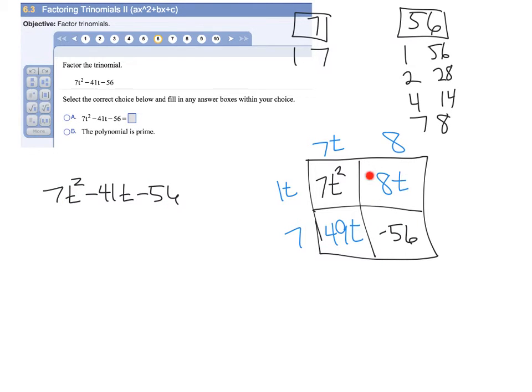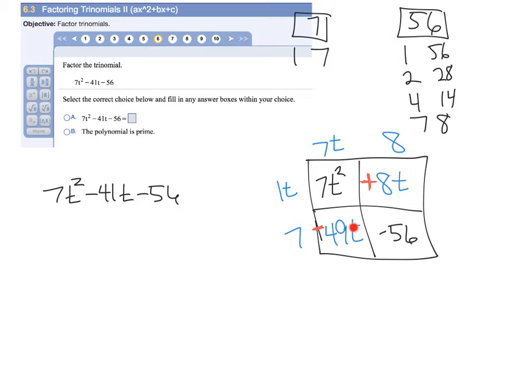So it's these middle terms that we need to pay attention to and say, well, using 49 and 8, can I get 41? The answer is yes. But I need a negative 41. So how can I use these two numbers to get a negative 41? Well, make this a negative 49 and this a positive 8.